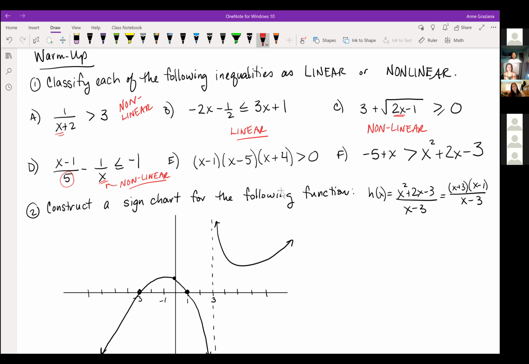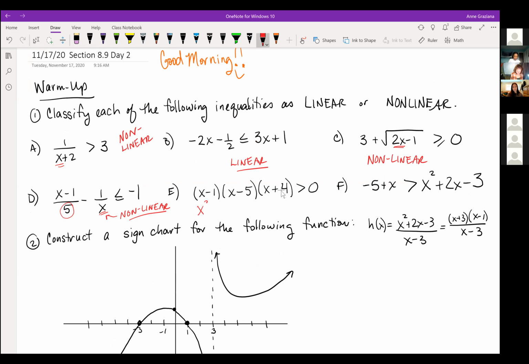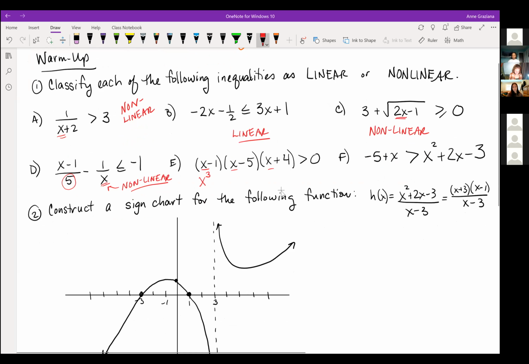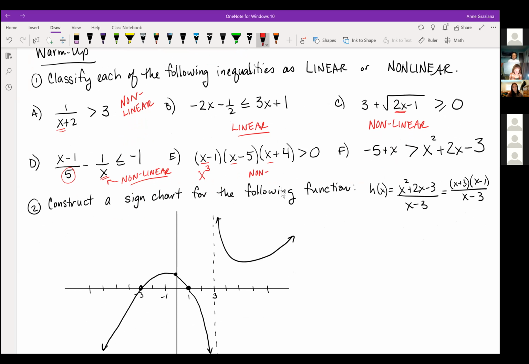If we multiplied out x minus 1 times x minus 5 and then multiplied by x plus 4, you would get a leading term of x to the third, because you'll have x times x times x. So that means this is nonlinear. It's going to be a higher power.